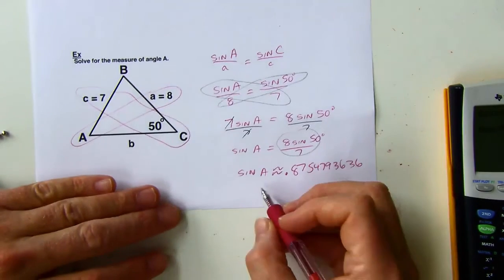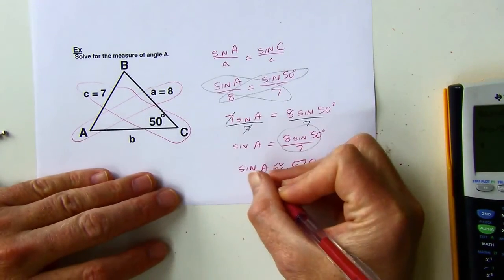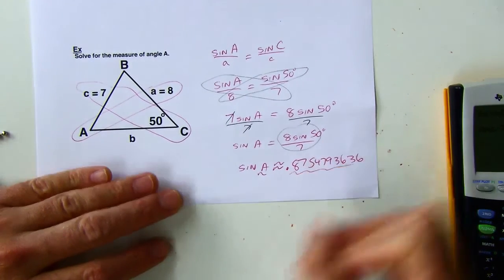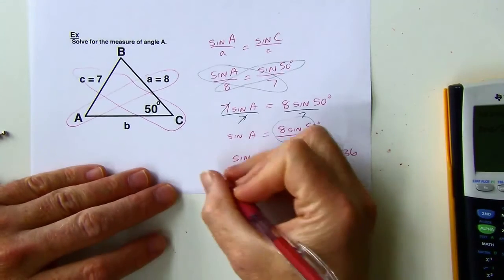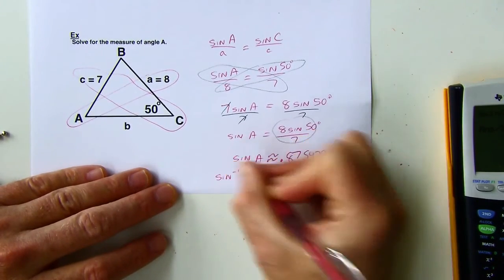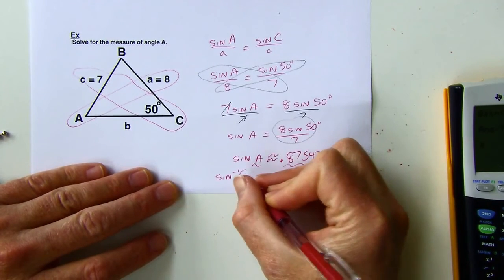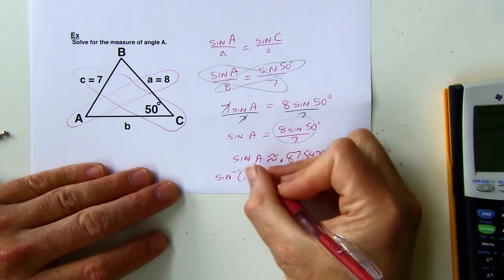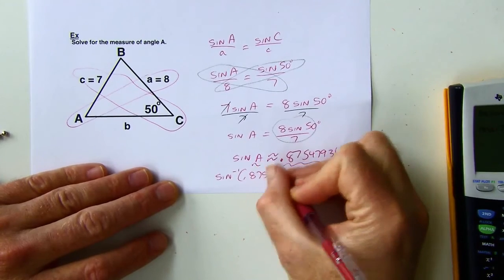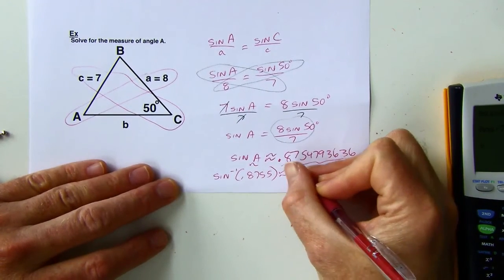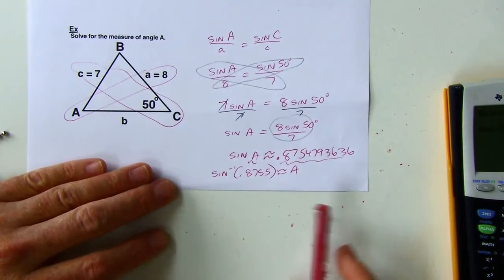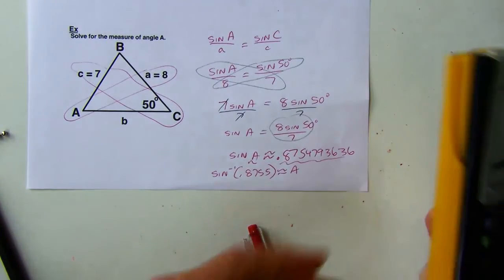Okay, now I'll do inverse sine. So to isolate A, the inverse sine is going to switch the position of those 2 things, right? So the inverse sine of that long decimal equals A. So then I'm going back to my calculator again.